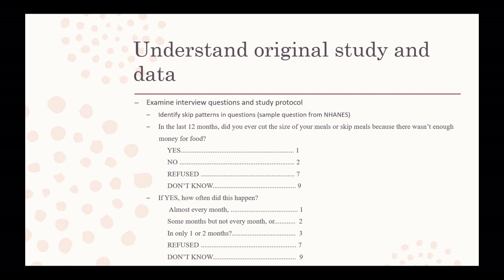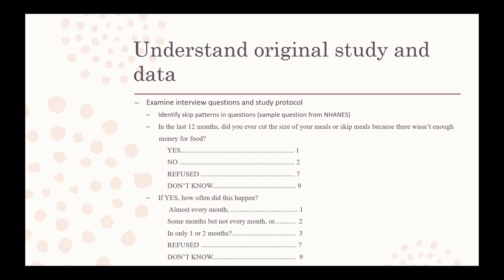However, if the participant answered no, or if they refused or if they don't know, then they will not respond to this sub question which is related to the first question.